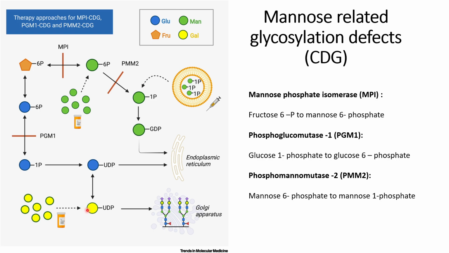Another approach is based on the fact that it functions on both sides. In patients in whom this phosphoglucomutase 1 defect has been observed, there is a lack of UDP galactose. So in this case, the direct oral injection of D-galactose could overcome this barrier.